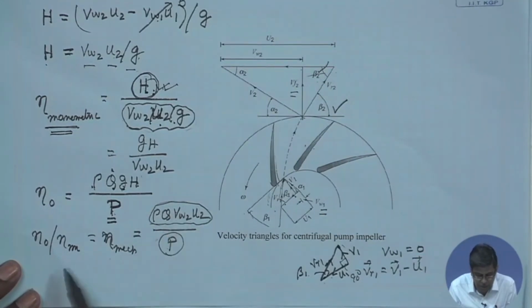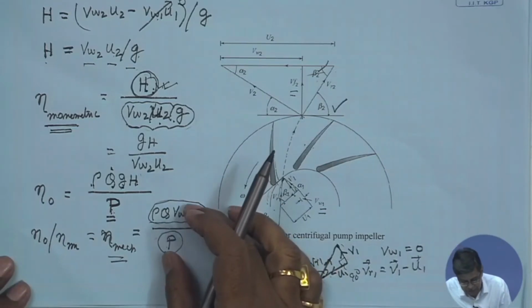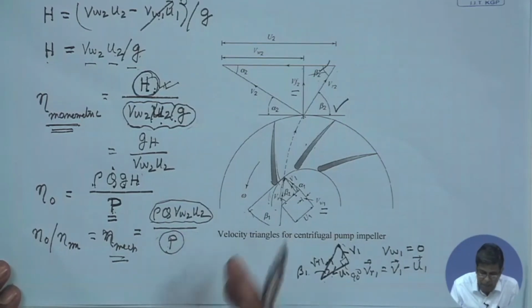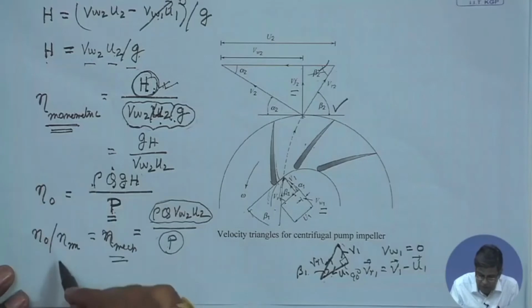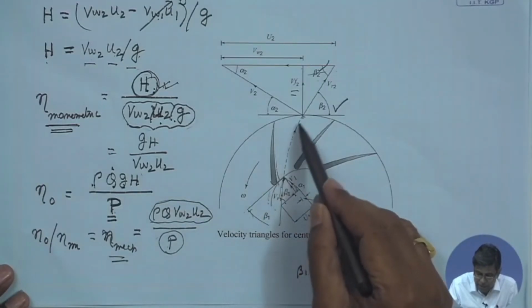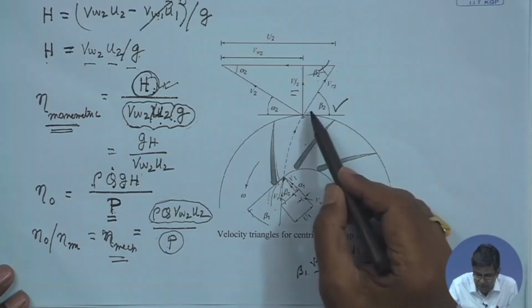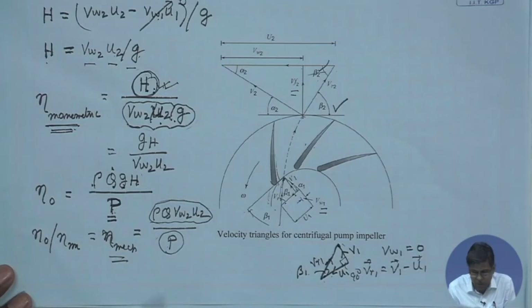This ratio is the mechanical efficiency. The discrepancy between these two is because of the mechanical friction in glands, bearings and couplings. So, this way we can define the different efficiencies. This is the typical impeller blades, this is the inlet velocity triangle, this is the outlet velocity triangle, and this way we define the manometric efficiency and overall efficiency.